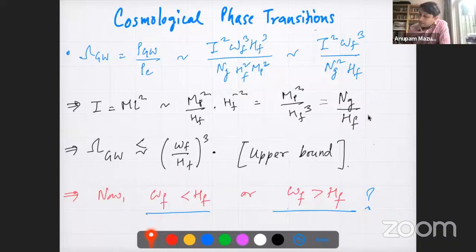Now, as I said, you can ask the question, what are the conditions which will tell that omega is less than h and omega is greater than h, where f denotes the time when the phase transition happens.